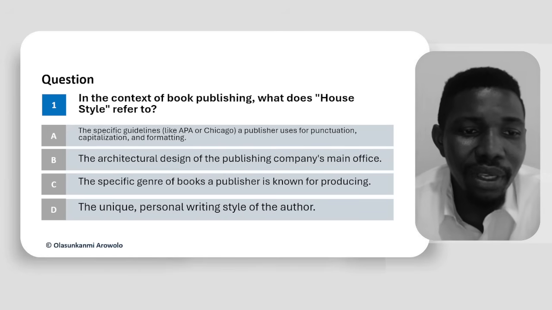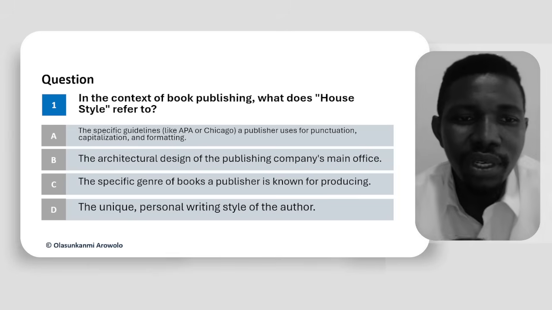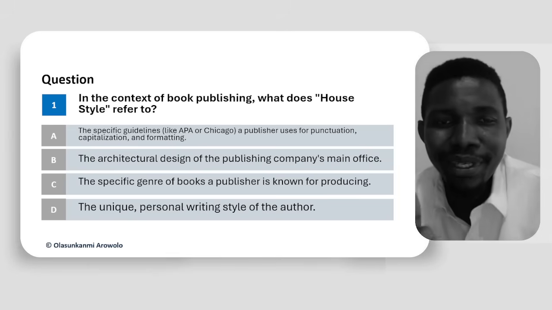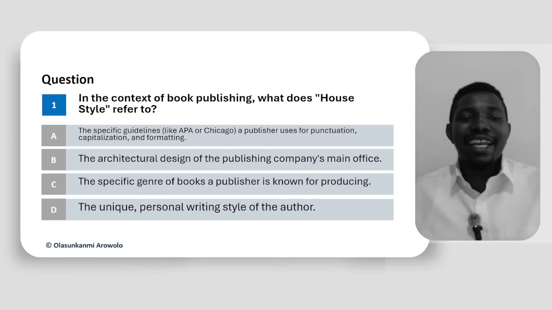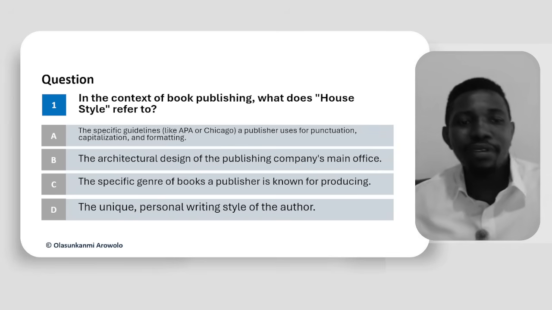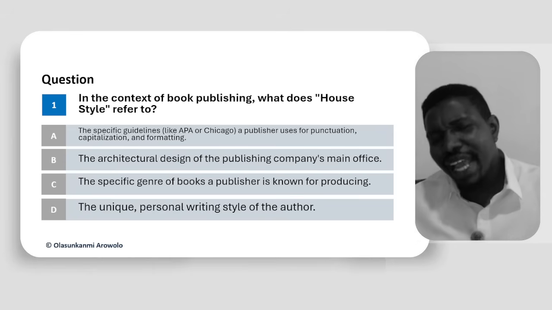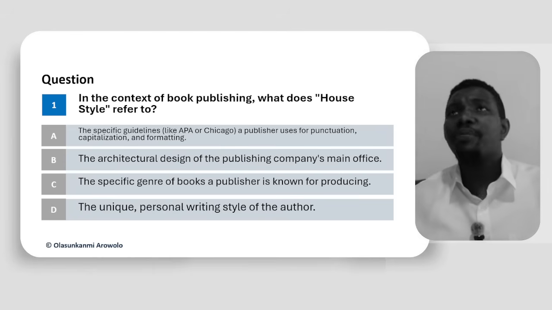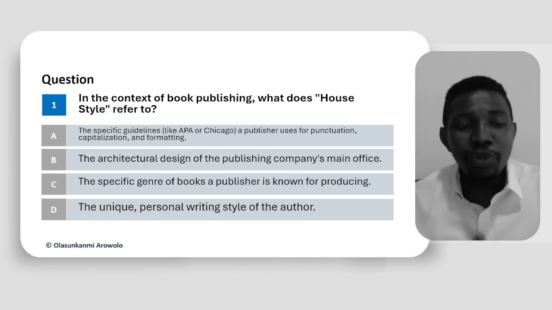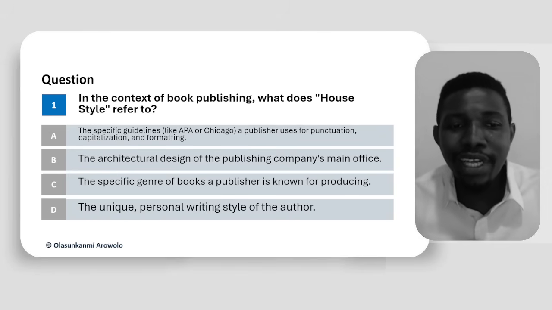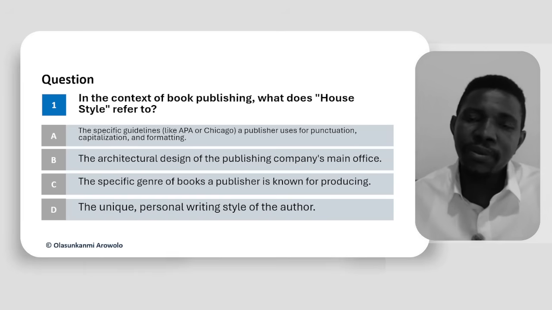Now, a quick one and the last one. In the context of book publishing, what does house style refer to? What does it mean? Is it a specific guideline like Kappa, Chicago, publisher uses punctuation, capitalization in formatting, or is it an architectural design of publishing companies' main office, or a specific genre of books a publisher is known for producing, or the unique personal writing style of the author?